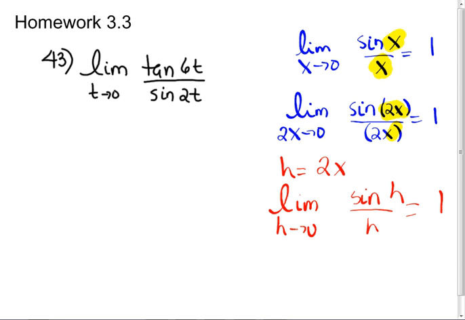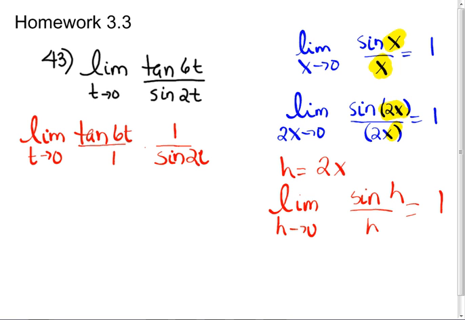So I have to do some work here. First off, I'm going to split this up as a product of two fractions. I'm not going to take that limit because right now I've got 0 over 0. And it's the tangent of 6t over 1 times 1 over the sine of 2t. So, if I want to do that, actually I almost made it harder than it was.